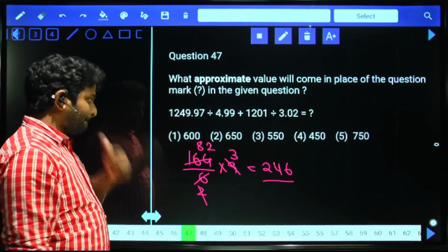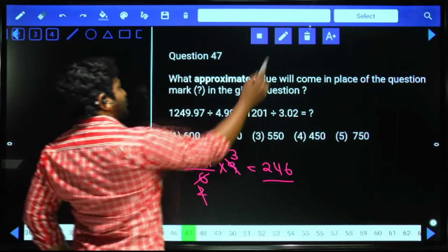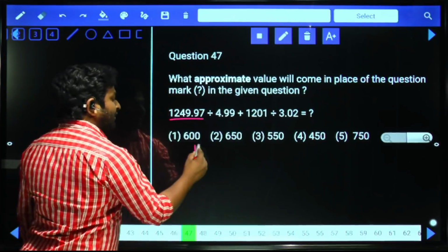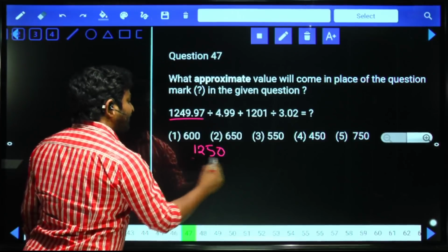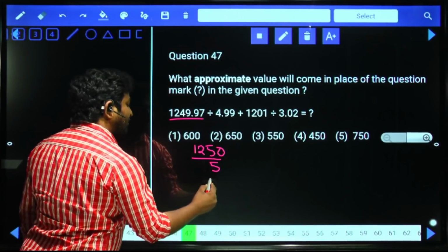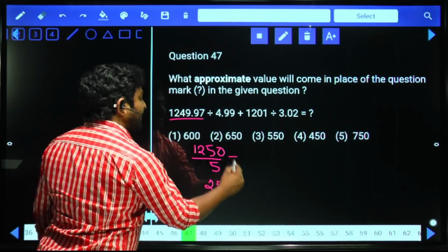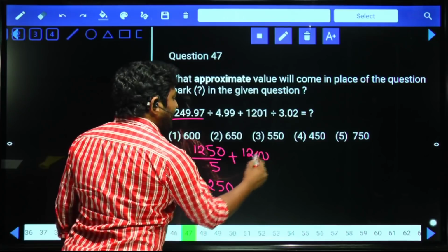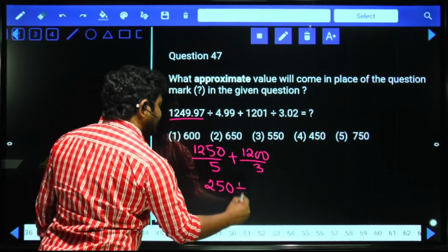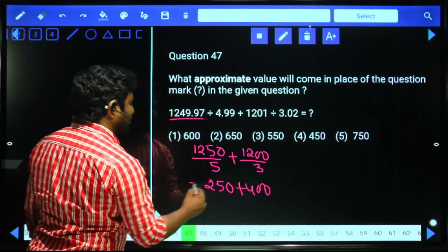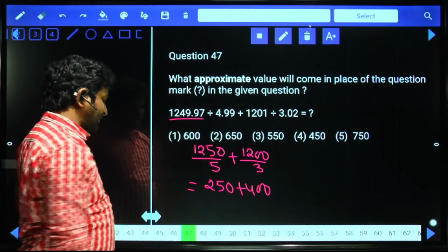Fifth option. Next, 1250 divided by 5, which is equal to 250, plus 1200 divided by 3, that is equal to 400. 250 plus 400 is 650. Second option.